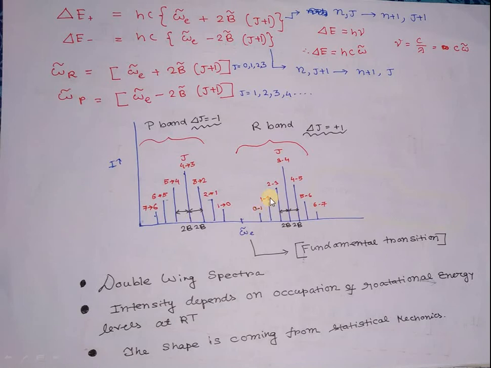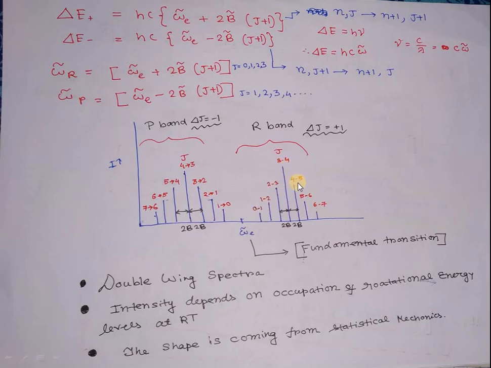Basically the intensity depends on the occupation of the rotational energy levels at room temperature. This is beyond our discussion. If you go through statistical mechanics in detail, then you can understand why the intensity pattern follows like this.